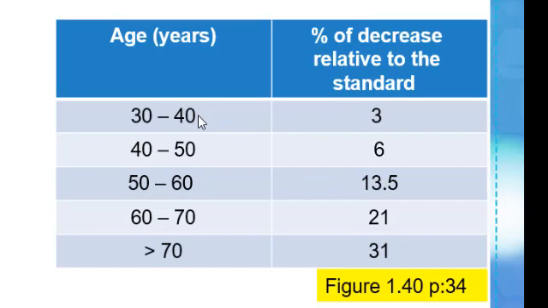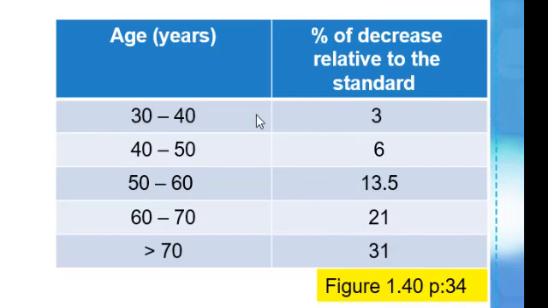For example, at age 30 to 40, the percentage of decrease relative to the standard is 3, while above 70, it is 31. So what happens in this case to the energetic needs? We have a decrease in the energetic needs as the age increases.